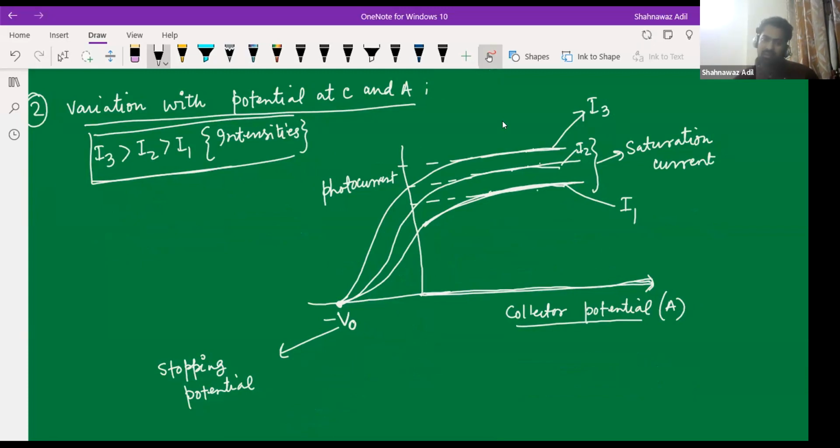Okay, what is same for all of the intensities? What is different for all of the intensities? Can you guys figure that out? What is same for all of the intensities? Oh, so someone has replied in chat.